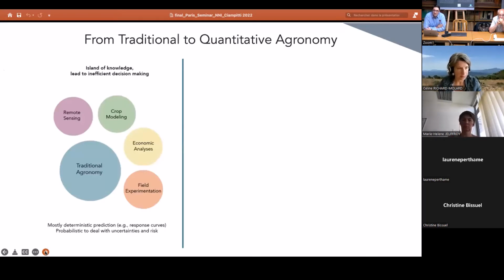What is the idea of this traditional versus quantitative agronomy? Let me start with traditional agronomy, which has been around for many years, in fact, maybe a century. If you think about the way that we talk about topics in agronomy, we usually discuss field experiments. And then another team does the economic analysis, another team does the crop modeling, another team does the remote sensing.